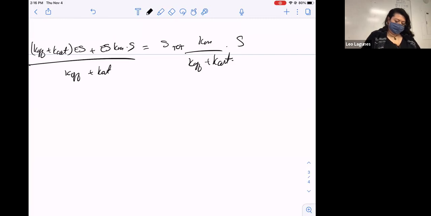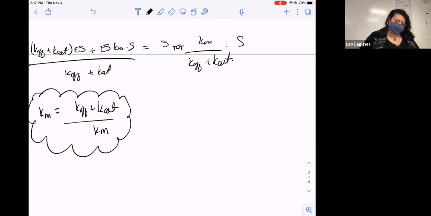Okay, so on the left-hand side, what we want to do is now introduce Km. Km is actually going to be K off plus K cat over K on. So I'm just going to bubble this in to simplify.